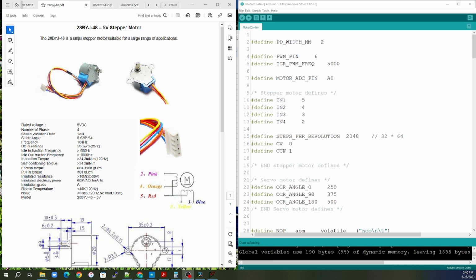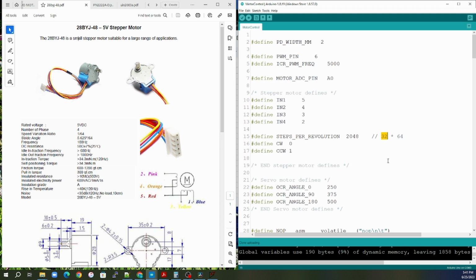So this thing is a motor with a gearbox. That motor and gearbox takes 32 revolutions per tick. In addition to 32 revolutions per tick, we've also got a speed variation ratio of 1/64. So our total steps per revolution of the entire system is going to be 2048.